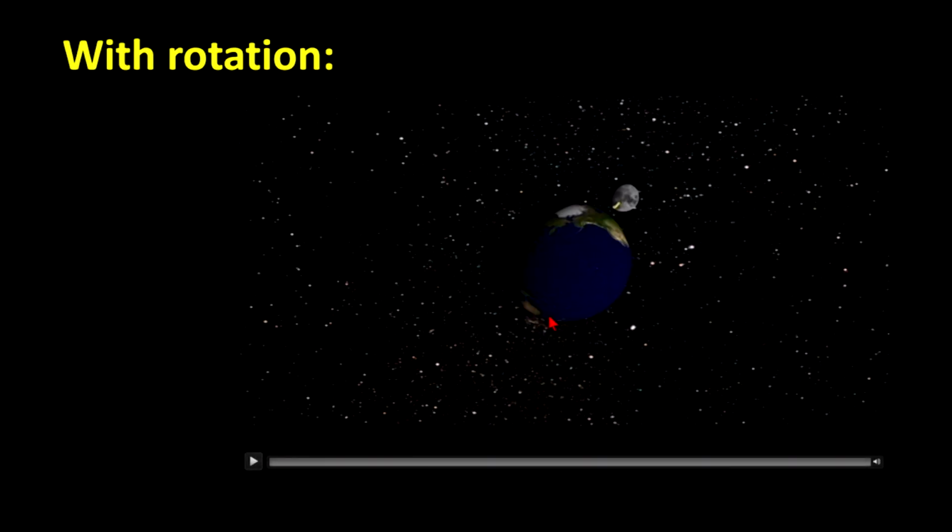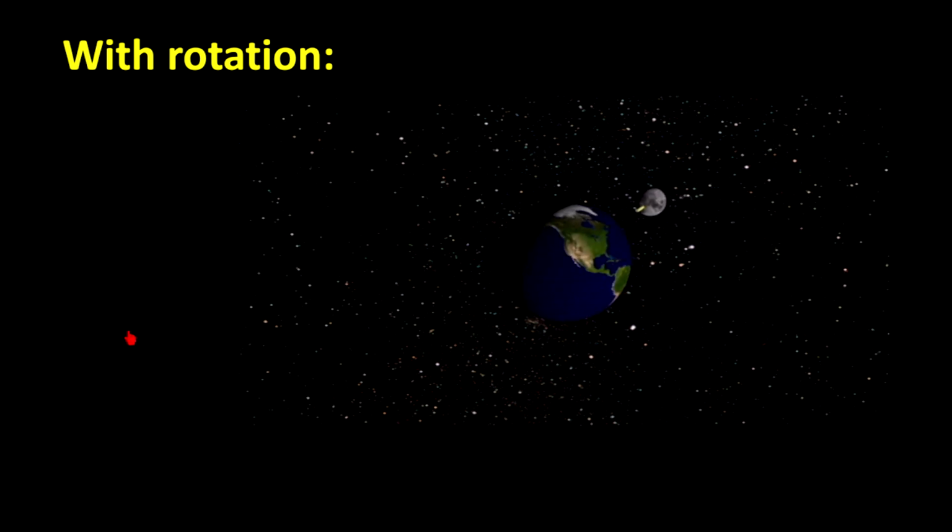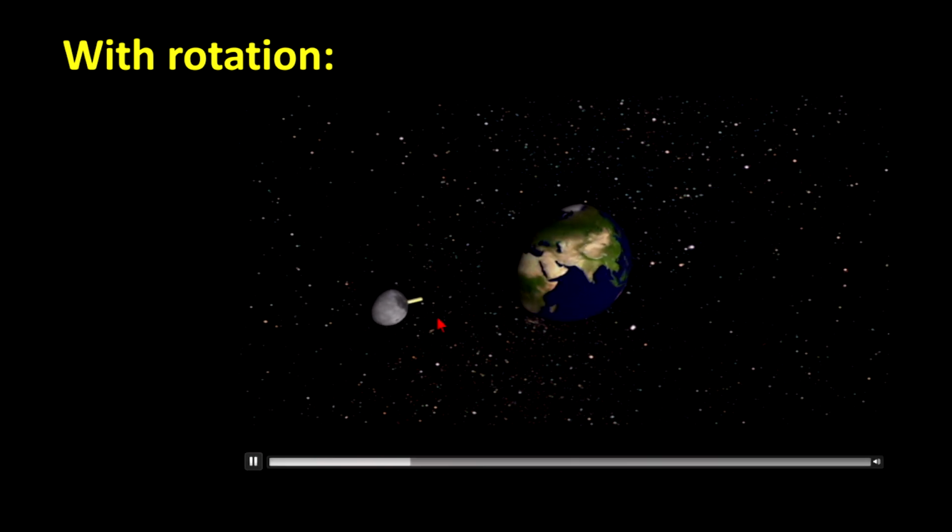So in this one here, what we're going to do is keep the yellow peg permanently pointed at the Earth. The moon is still going to orbit, still going to revolve around the Earth, but the yellow peg is going to be constantly pointed at the Earth as we do this. Now notice, to keep the yellow peg pointed at the Earth at all times, you have to make the moon rotate on its axis.